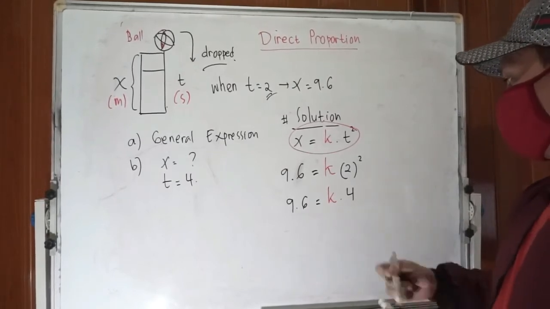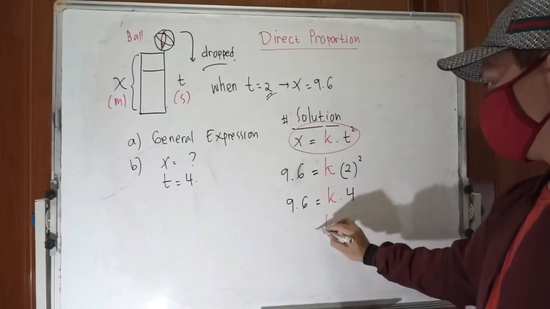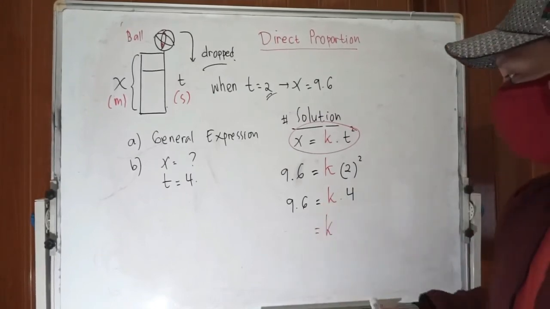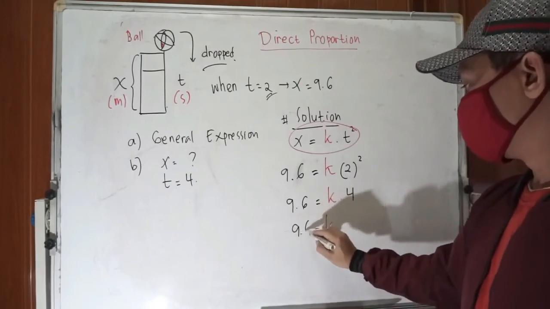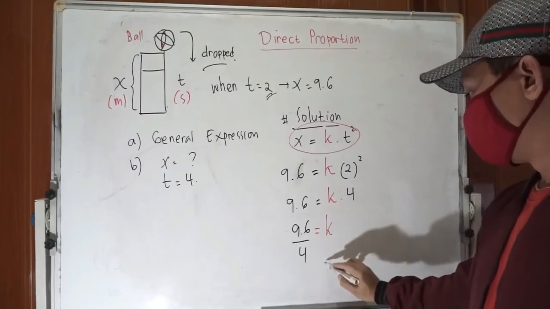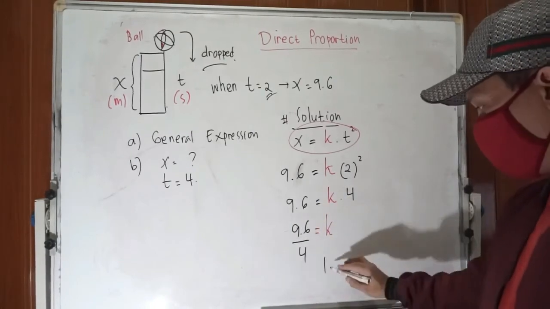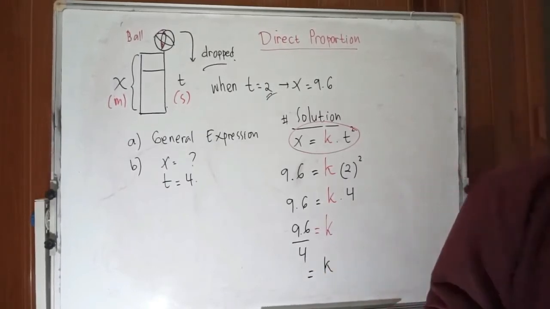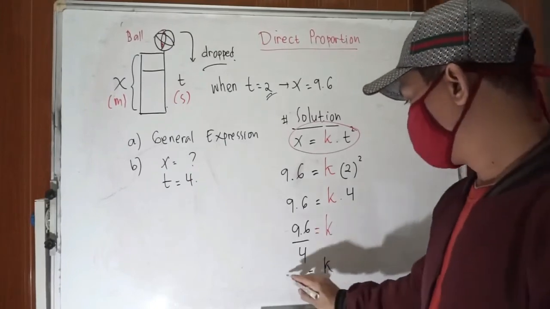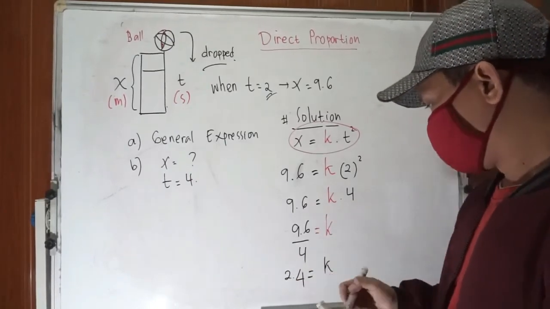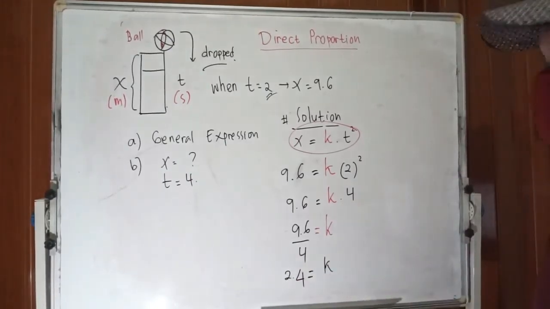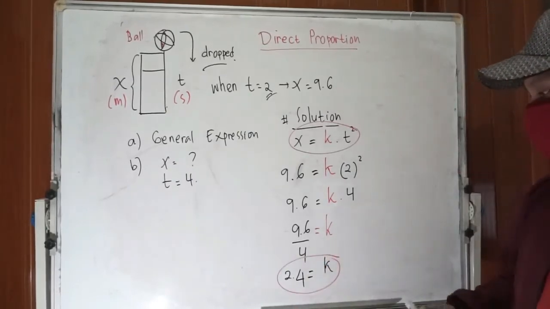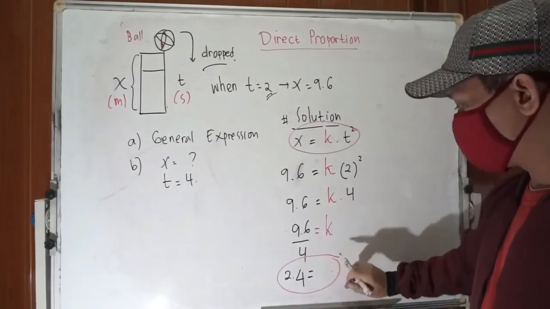So you get k equals 9.6 divided by 4. So you get k equals 2.4. Okay, so then we got the value of k is 2.4.